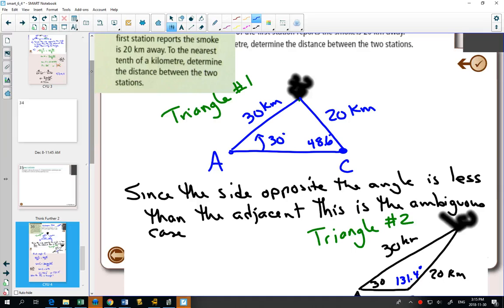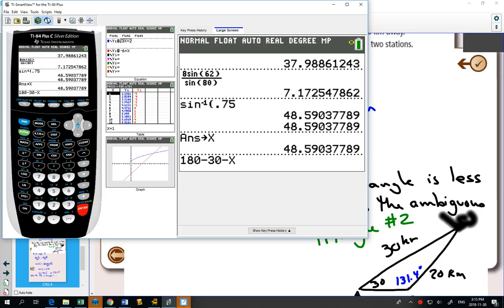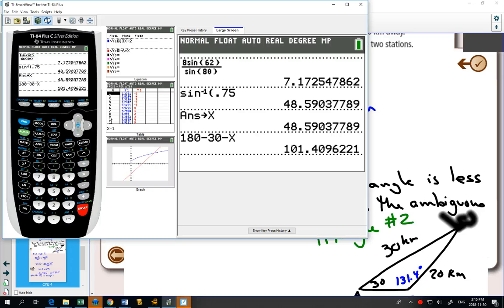You ready for part 2? Okay. So how do I find out what angle is left? I'd have to go 180 minus 30 minus 48.6. So I could go to my calculator, 180 minus 30 minus, and instead of writing 48.6, since I stored it as X, I can just push X. And it remembers all the decimal places.